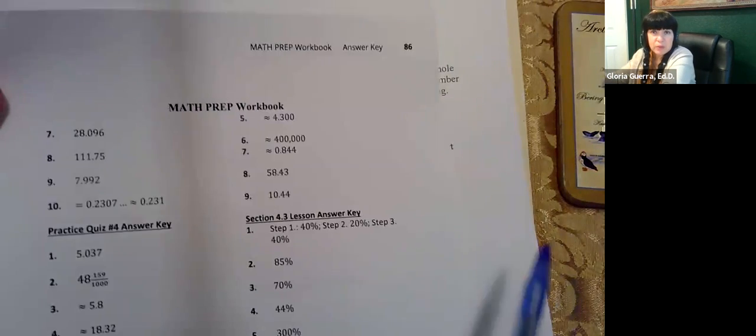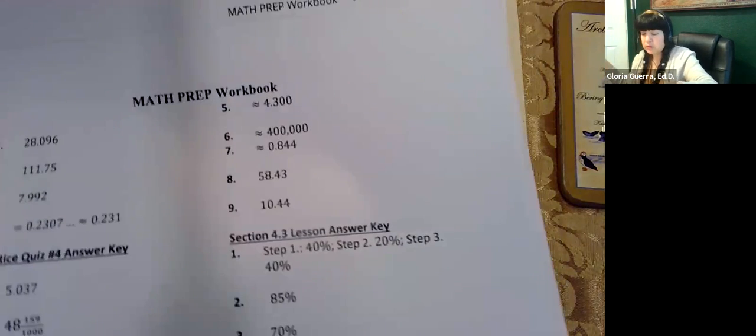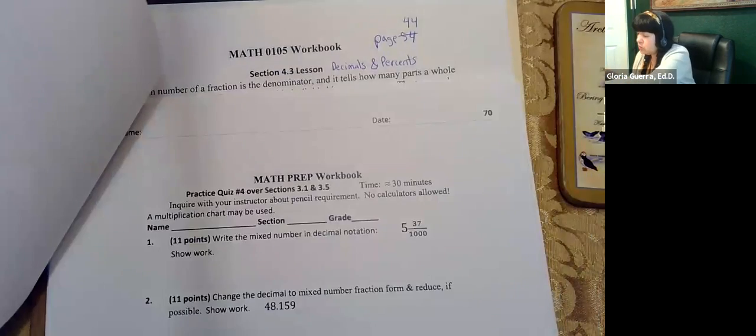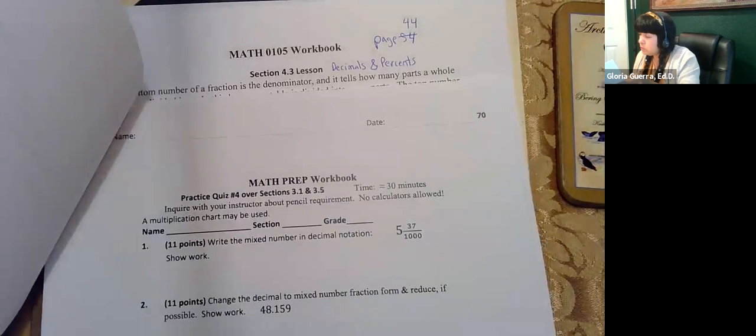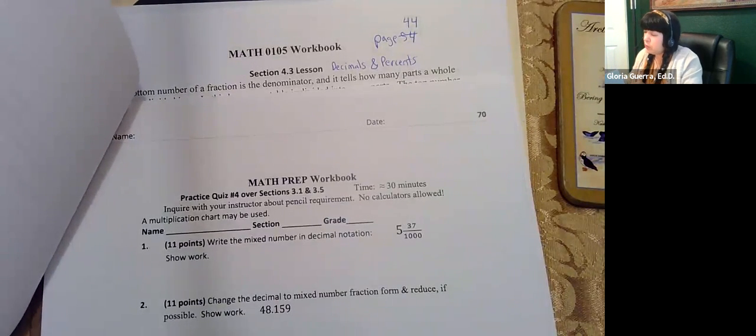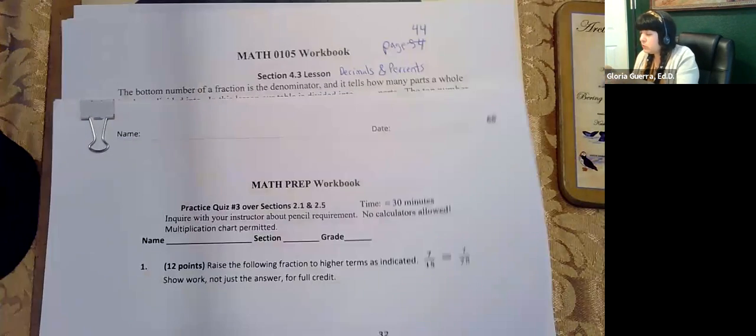The page might be a little bit off because I have page 86. I'm not sure how close that is. But then you've got your practice quizzes. So we're down to quiz 4 now, and then quiz 5, the last quiz.